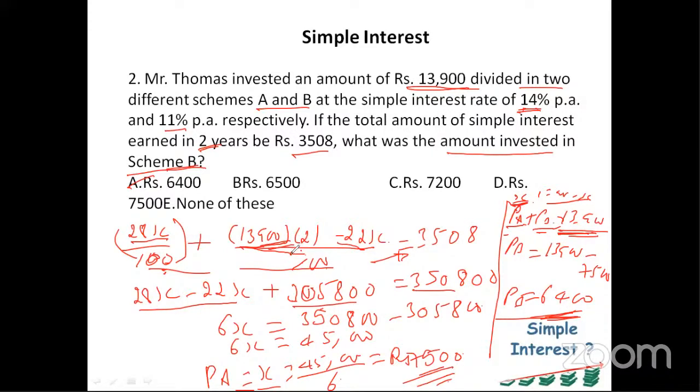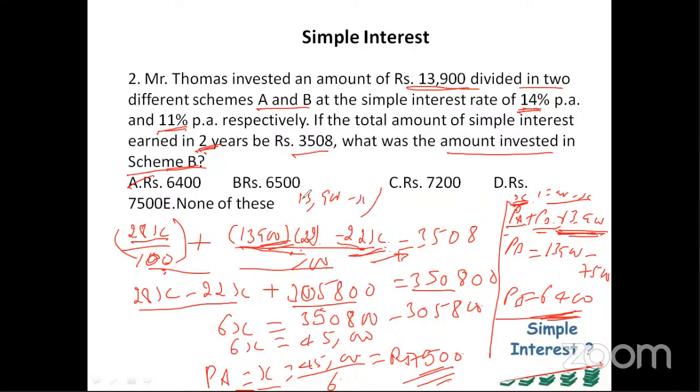Minus X was there, so X will remain like this. Because we have 2 and we have rate of interest 11. This is PTR, T into R, 11 into 2, 22. 22 into X, 22X. We get 22X here. So this 22 will multiply to this 13,900 minus X. This will be something like this.